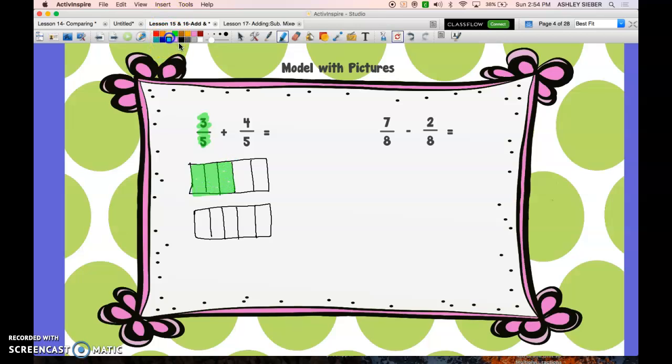And then I'm going to color 4/5. 1, 2, 3, 4. Now I'm going to count them all together. I'm just going to count by fifths. 1/5, 2/5, 3/5, 4/5, 5/5, 6/5, 7/5. 7/5 is my answer.